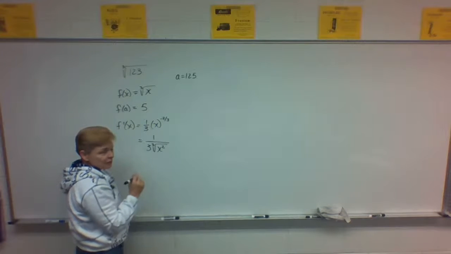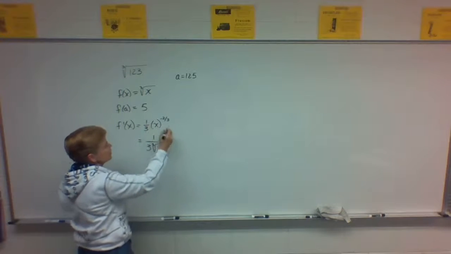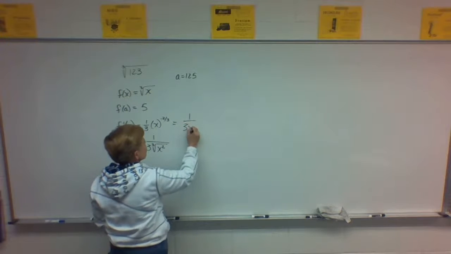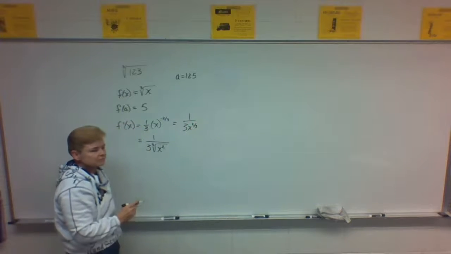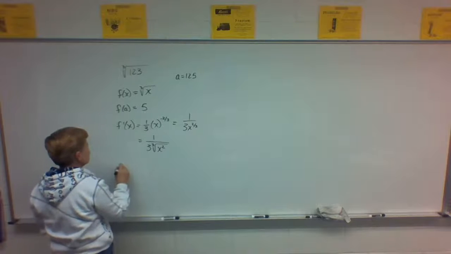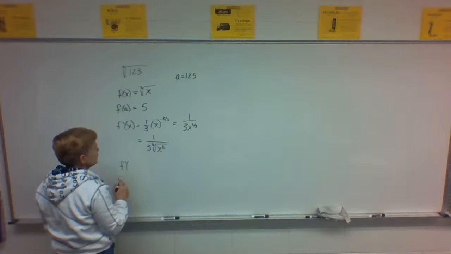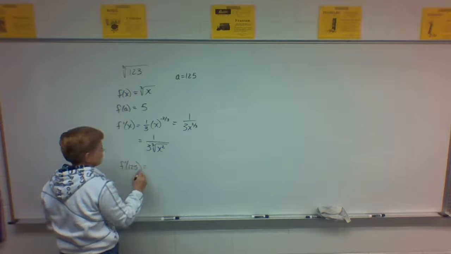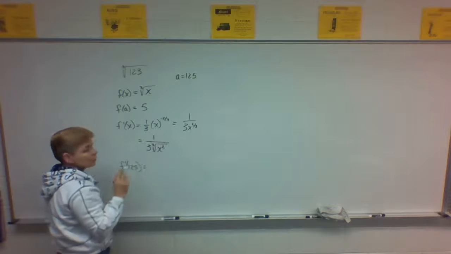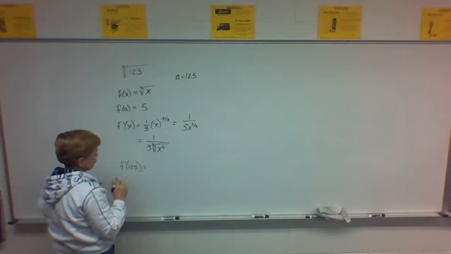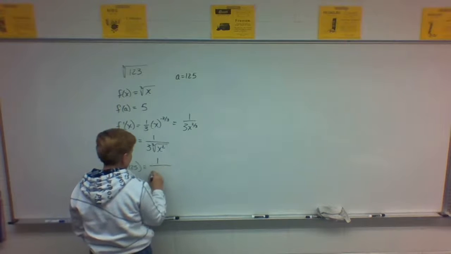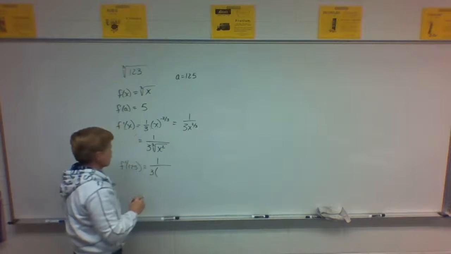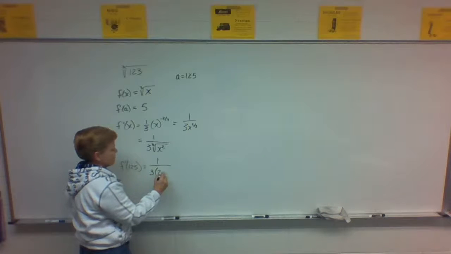If you change it to that notation, you could leave it like this, or you could leave it as 1/3 x to the 2/3 if you prefer. That's okay too. So what is f prime of a, which is 125? Plug it into there or there. Don't use your calculator.